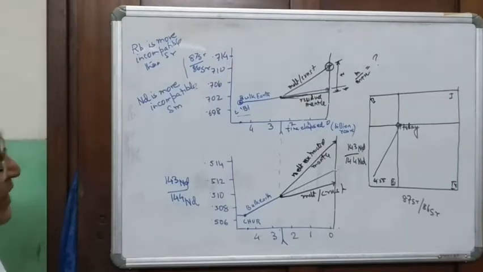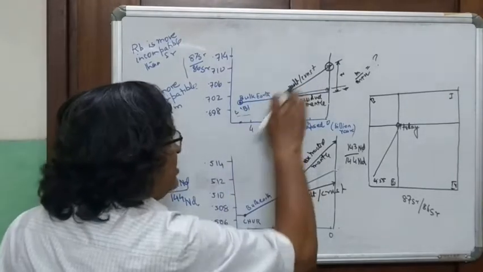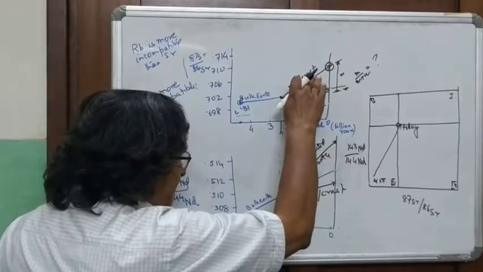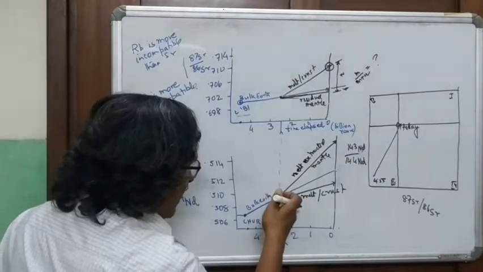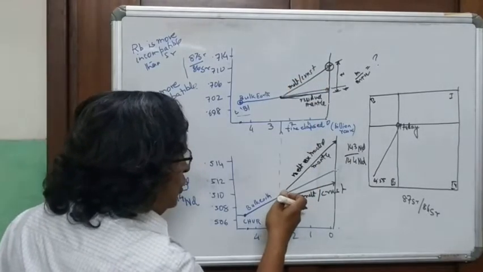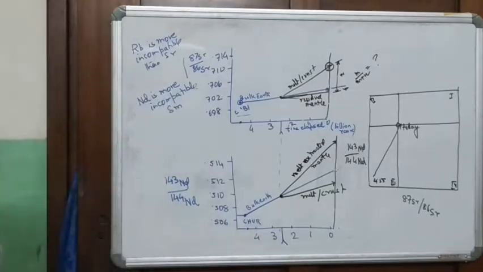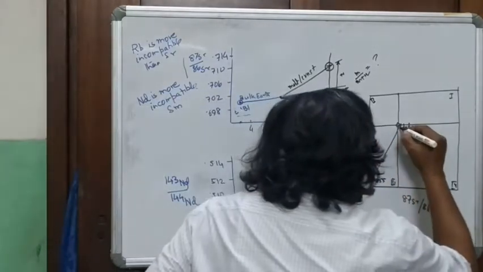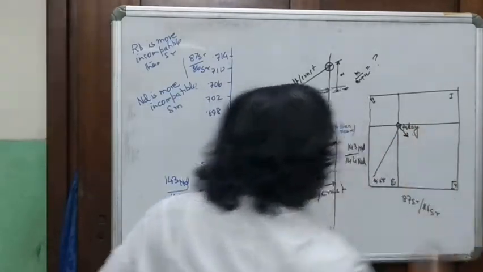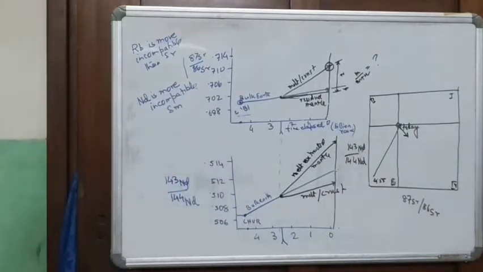So the melts will be richer in 87 strontium, 86 strontium, and poorer than the bulk Earth relative to the melt extracted mantle. So those melts will plot on this side in quadrant 4.